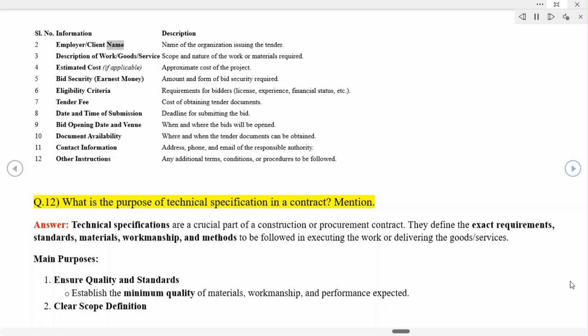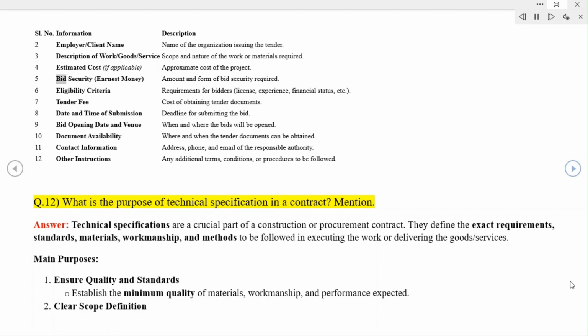Employer/client name: name of the organization issuing the tender. 3. Description of work/good/service: scope and nature of the work or materials required. 4. Estimated cost, if applicable: approximate cost of the project.